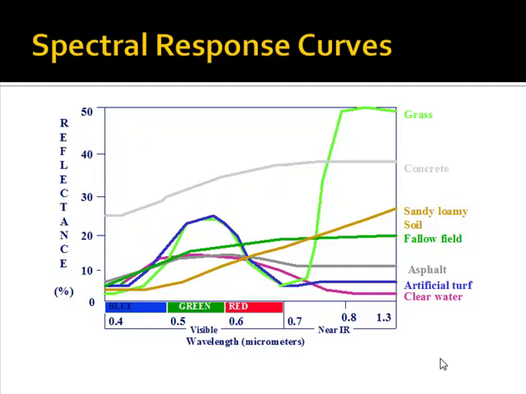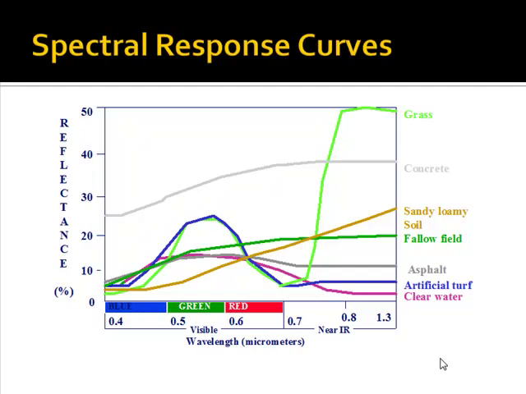What's interesting is that as we move out to the near-infrared portion of the electromagnetic spectrum, the spectral reflectance of grass increases dramatically. Now we can't see near-infrared light, or NIR light, but if we could, vegetation would appear very bright. Take a look at the blue curve there corresponding to artificial turf. You're going to notice that artificial turf also appears green.